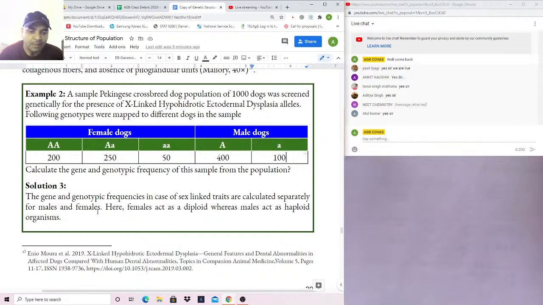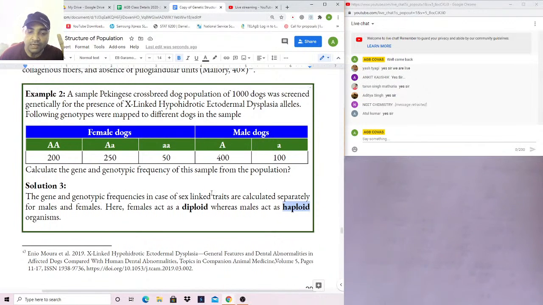The main point is that the female acts as a diploid organism, whereas the male acts as a haploid organism, because not all the genes present on the X are present on the Y. Because it is not present on the Y, the male for this particular gene acts as a haploid organism.